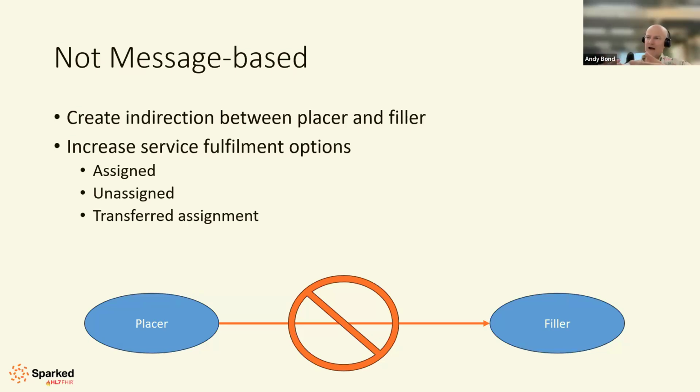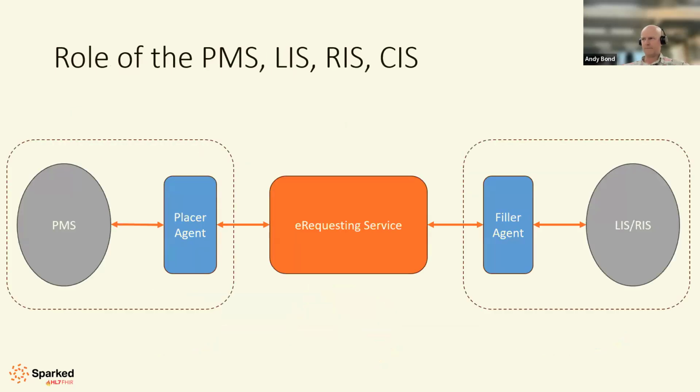So there is, in our world, an intermediary, which is the eRequesting service, allowing for the dynamic matching of the placer need to the filler requirement. And the marriage is really supported by the patient and their ultimate ability to choose how they wish that assignment to take place. Next.